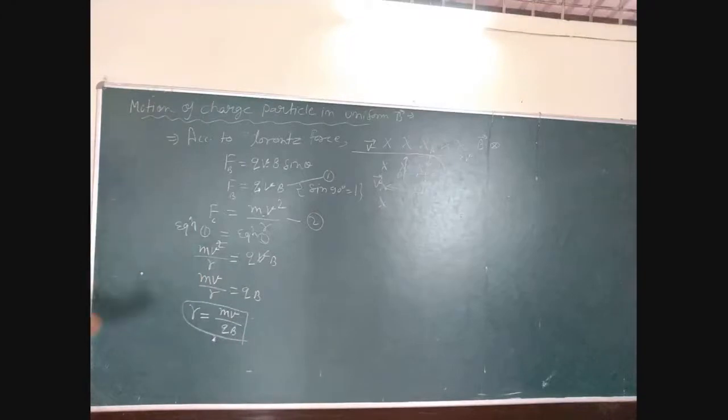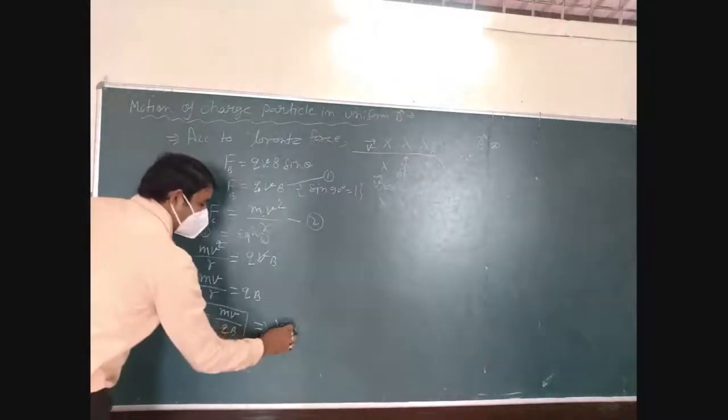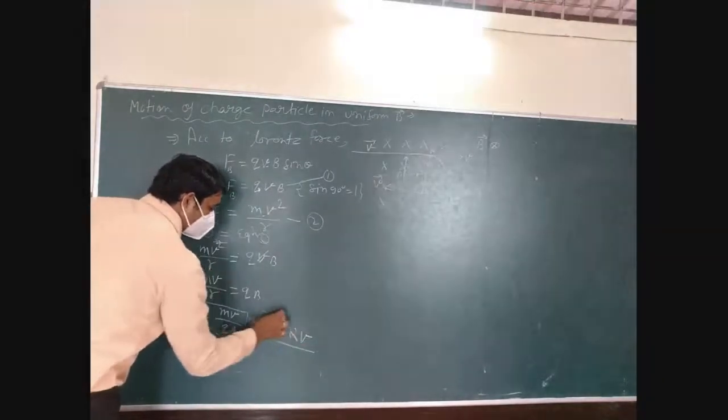For a given field, the field is constant, the charge is constant, and the mass of the particle is constant. We observe that the radius is directly proportional to v.